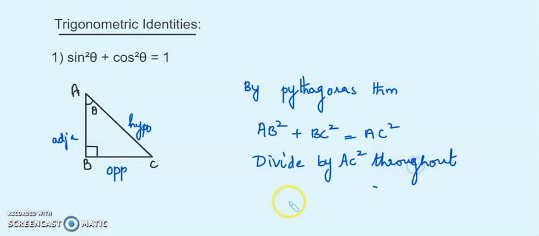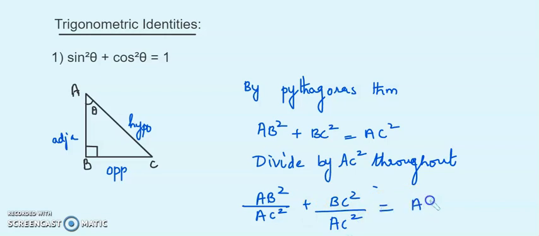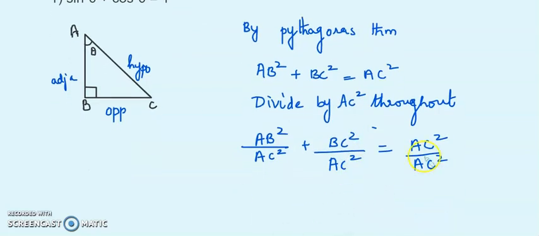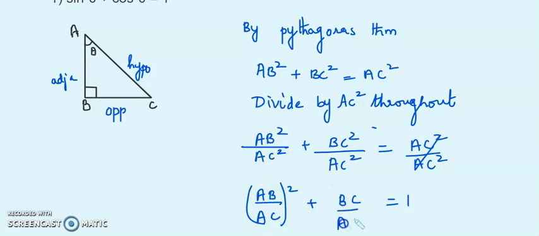So now it's AB square divided by AC square plus BC square divided by AC square equal to AC square divided by AC square. So what will happen here? AC square and AC square will get cancelled off. This will become (AB upon AC) the whole squared plus (BC upon AC) the whole squared. I've just taken the square common.